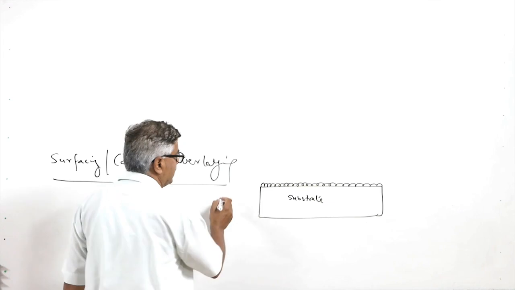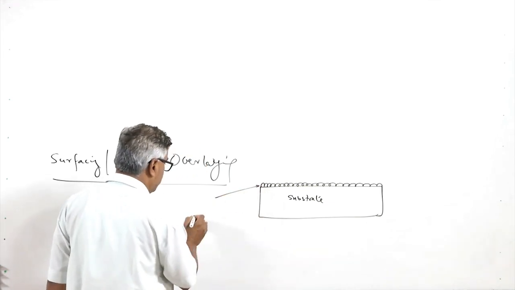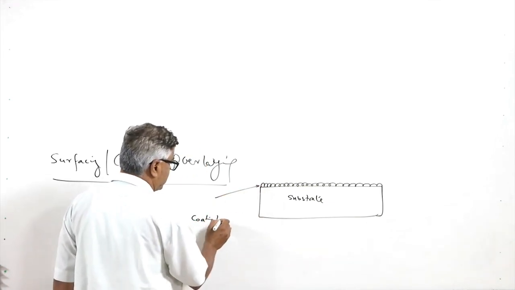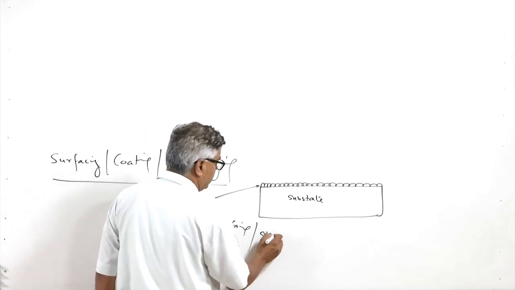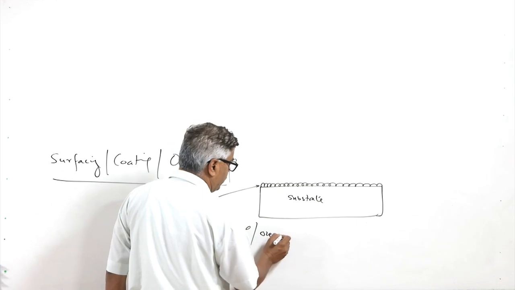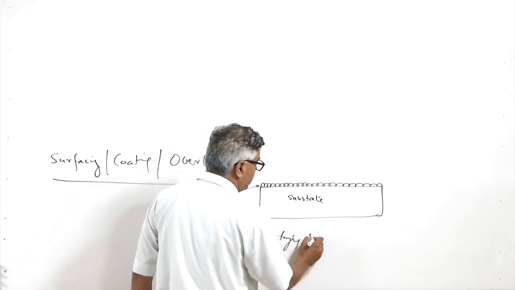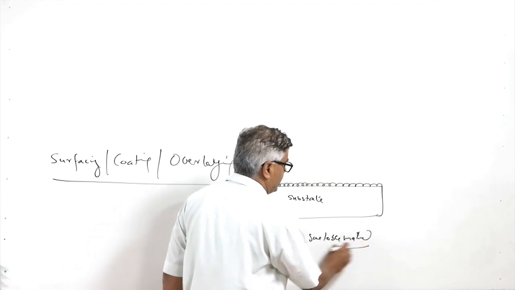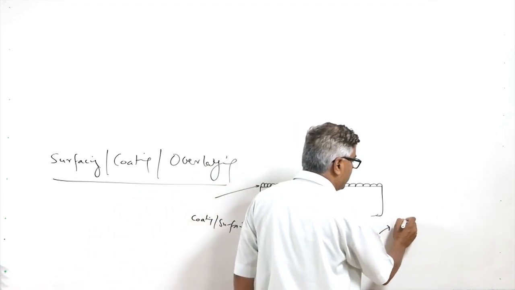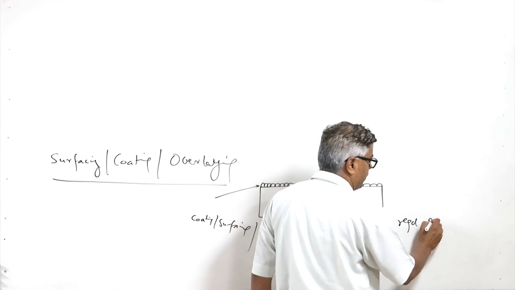So, in this case the coating, surfacing or overlaying of the suitable material is done, which can really offer the required set of properties.